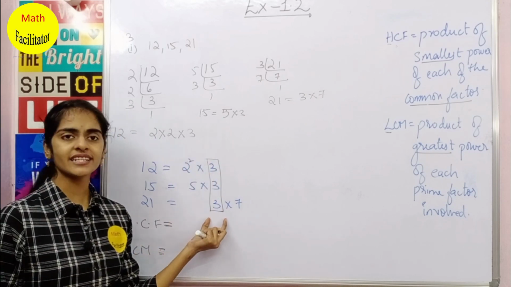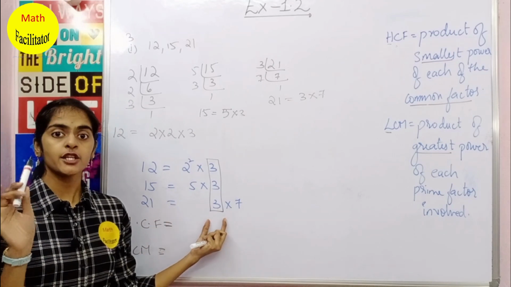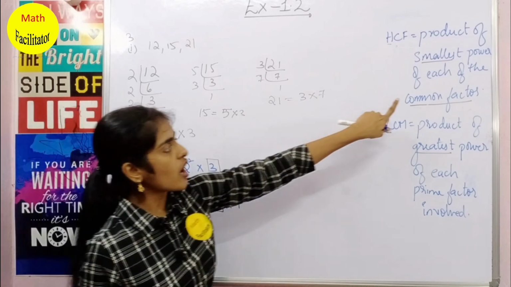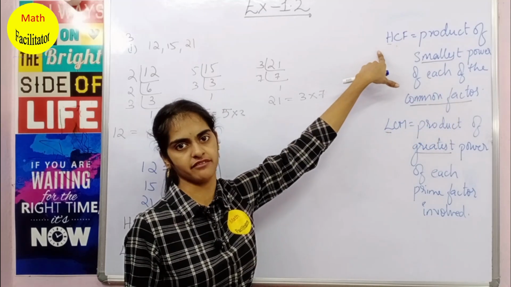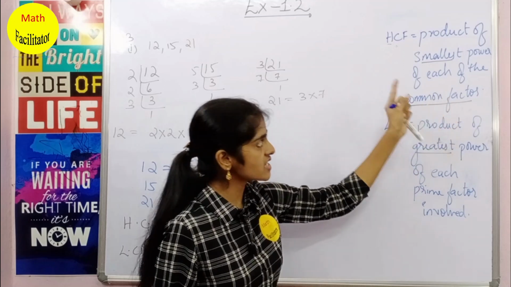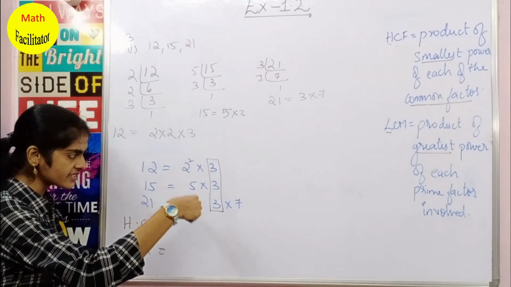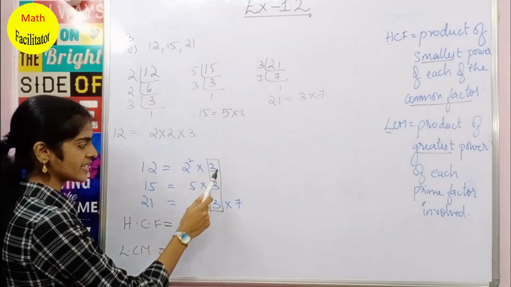So this you will consider, and you will leave all the other factors. You will consider only the common factors for HCF. Here only 3 is common in all three numbers, so you will take 3.